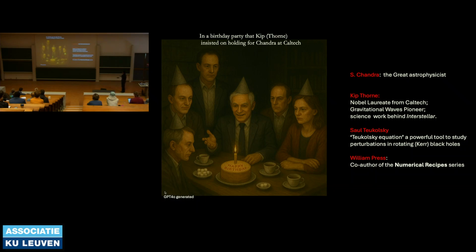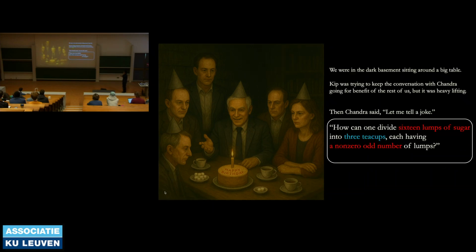We have some other people here, like Saul Teukolsky, a famous numerical relativity expert, if you have used rotating Kerr black holes. We also have William Press, the author of Numerical Recipes. They are sitting in a dark basement, Kip was trying to keep the conversation going, and then Chandra said, "Let me tell a joke.